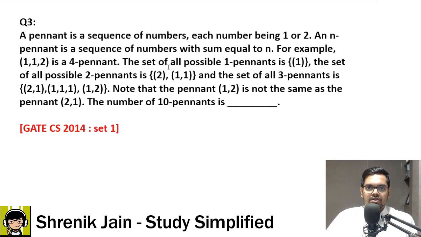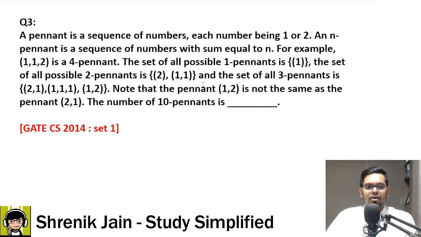The next thing, the set of all possible 1 pennants is this, which makes sense, the sum of the digits is 1, right? The set of all possible 2 pennants is 2 and 1, 1, which means these two ordered sets come under the 2 pennant criteria because the sum of the digits is 2. They are making them into a set, that's all.